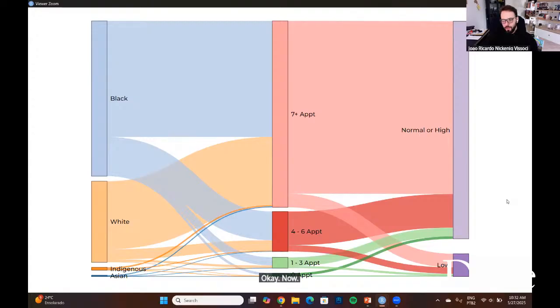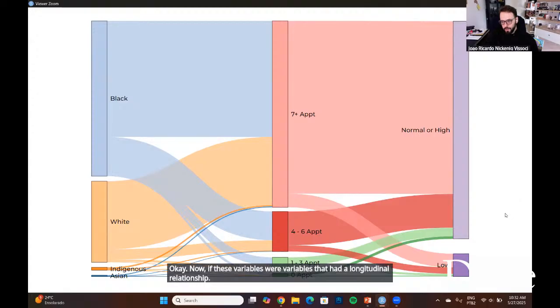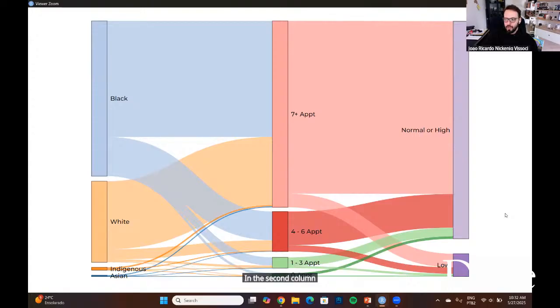Now, if these variables were variables that had a longitudinal relationship, it would make a lot more sense. It would be a lot easier to read. Because if you had, for instance, groups belonging into one class in the first column, and then groups belonging into the same classes in the second column, but separated over time, then you could see transition.